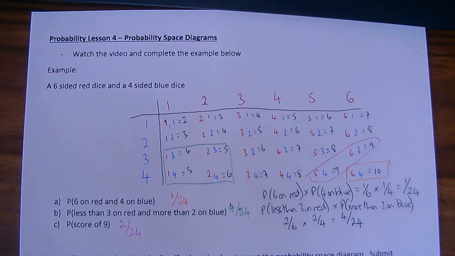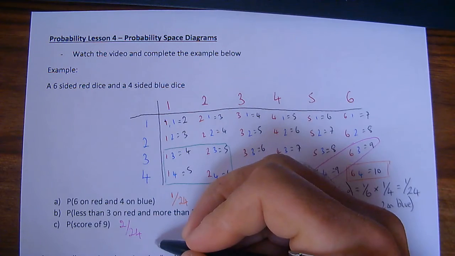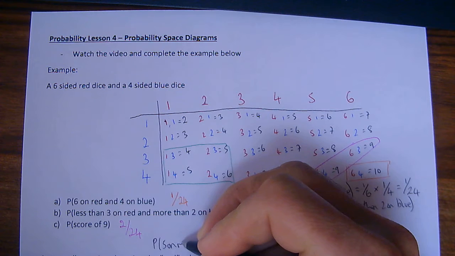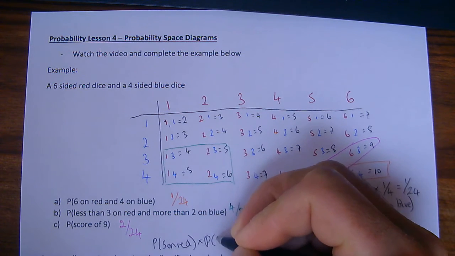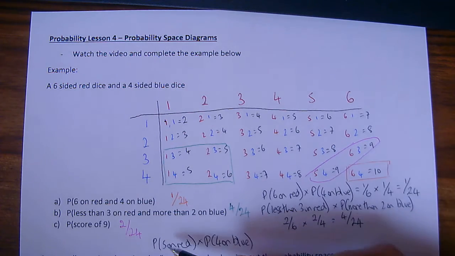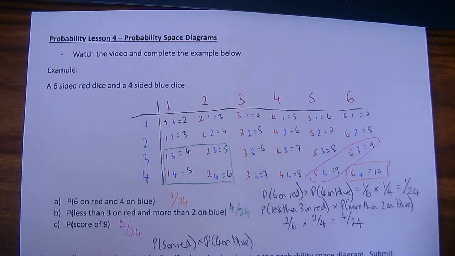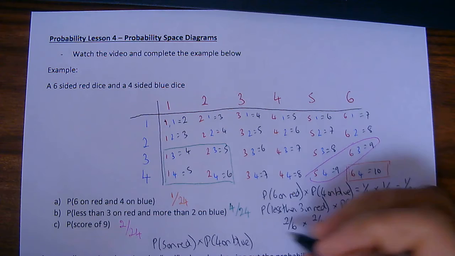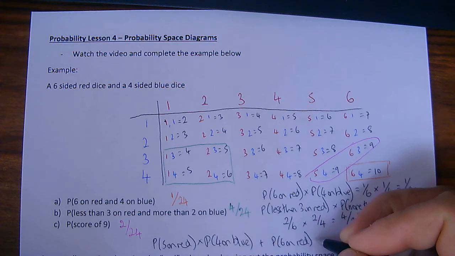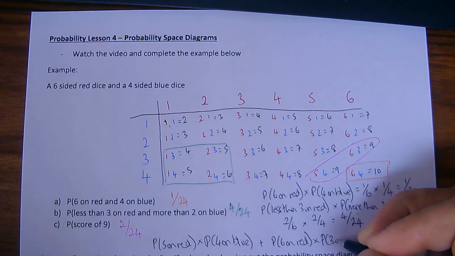And last but not least, a score of 9, and this one's probably a little bit more complicated, but I've got the probability of a 5 on red times the probability of 4 on blue. So that's one way. So it's 5 on red and 4 on blue, plus the probability, because it's OR, I get a 6 on red and I get a 3 on blue.